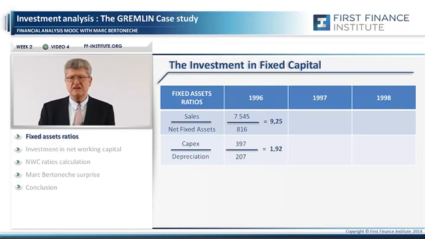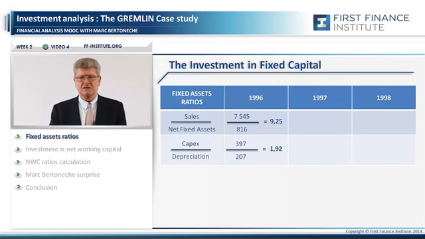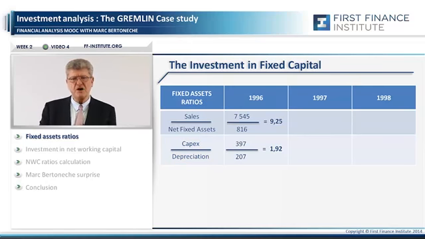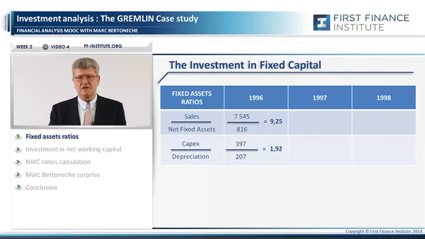If we consider the investment policy and the ratio of capex over depreciation, capital expenditure divided by depreciation, we see that it was very much higher than 1. In 1996, look at the figures, 397 divided by 207, that is 1.92.